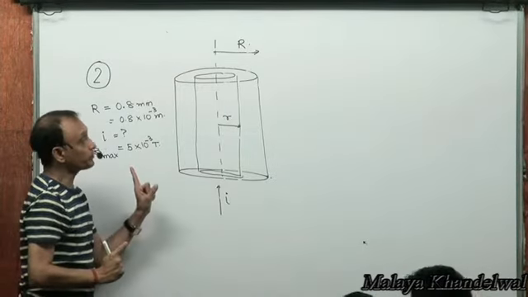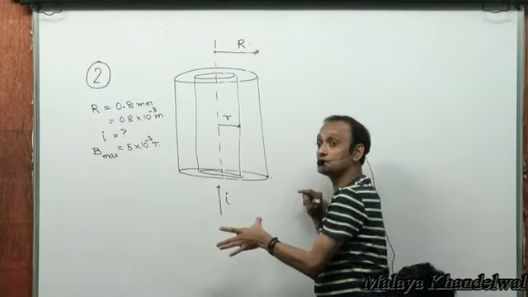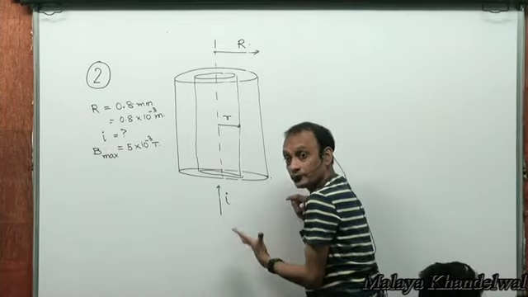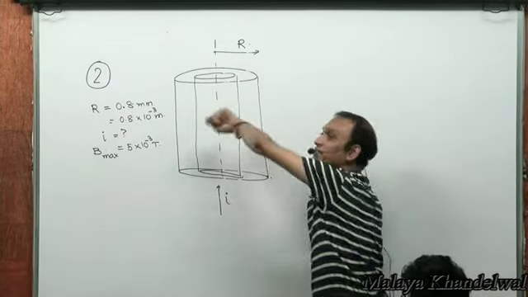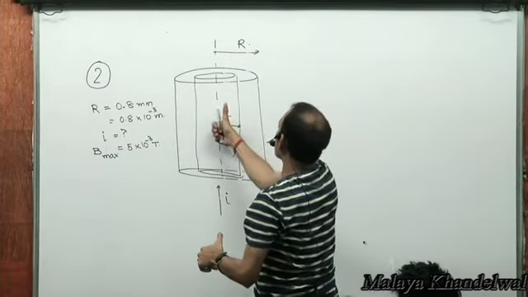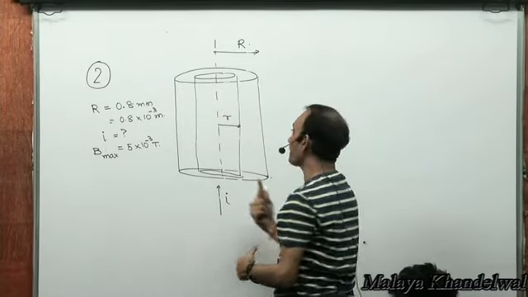Now from symmetry, B at every point of the surface of this chosen cylinder would be same in magnitude, and it will be tangential. If the current is like this, it will be tangential at every point, circulating like this. It will go this way.